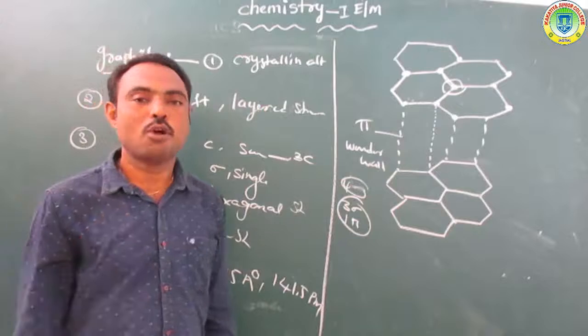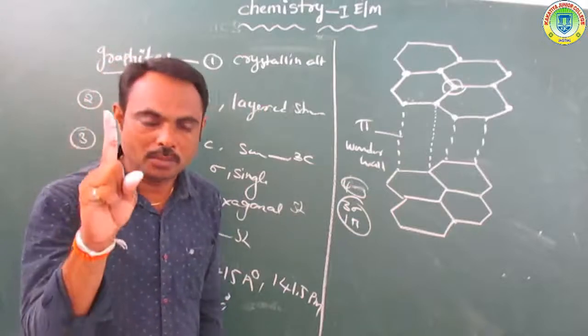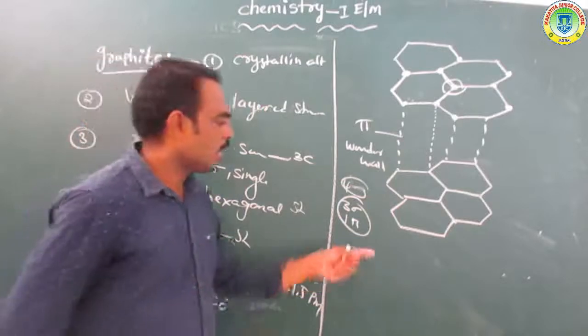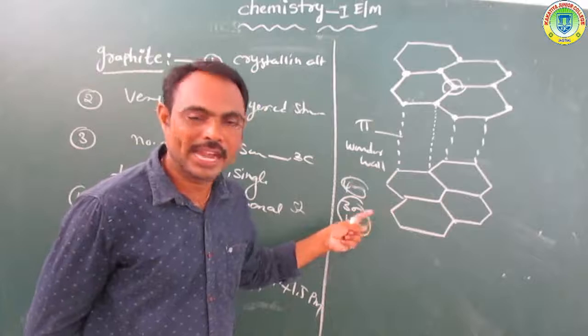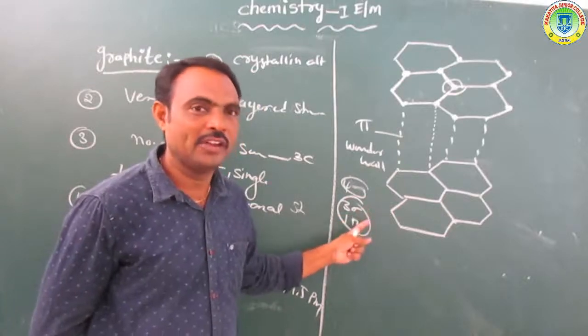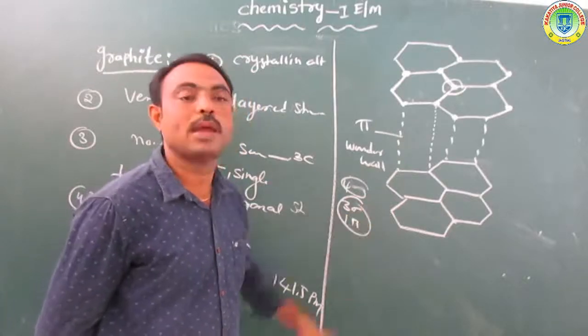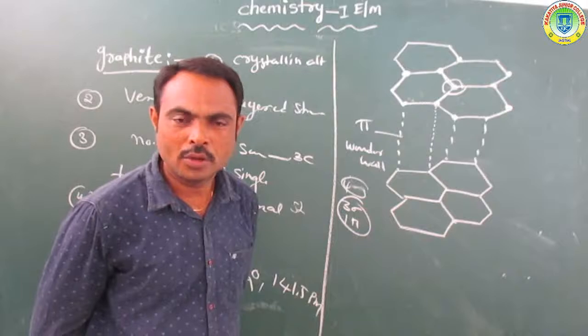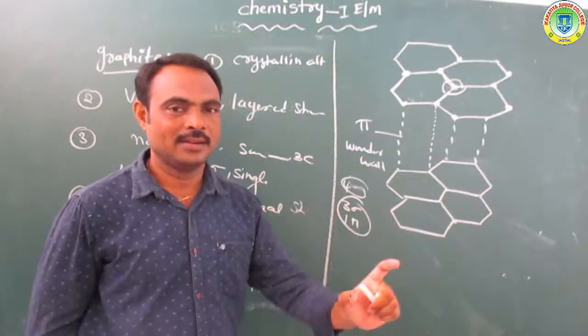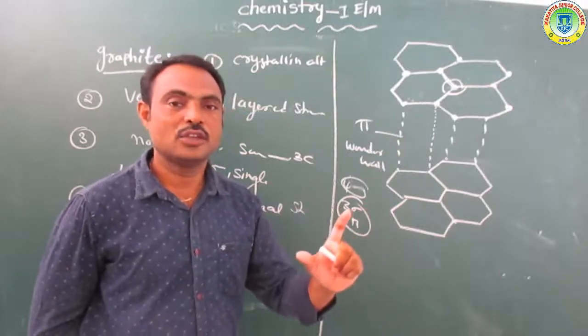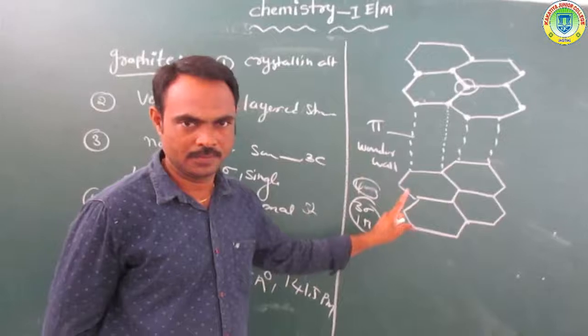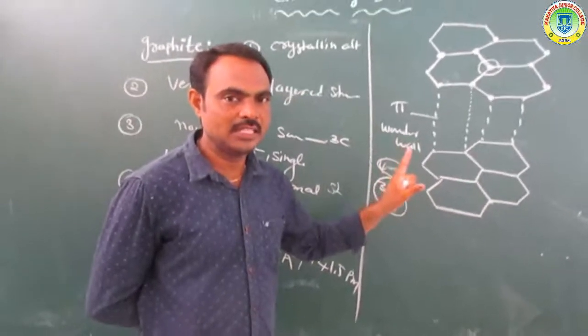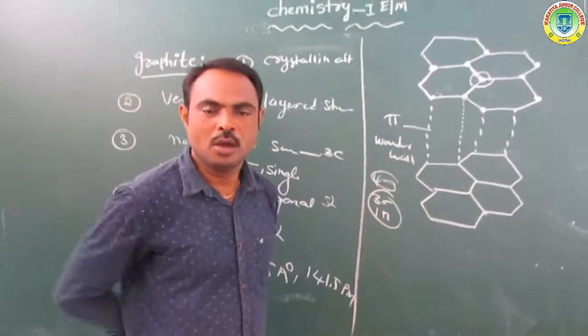Overall, graphite contains free electrons or pi bond electrons. Due to this reason, electricity flows in graphite.